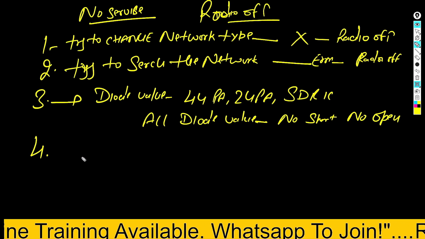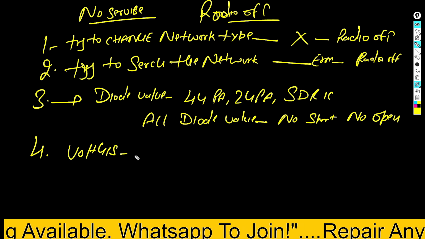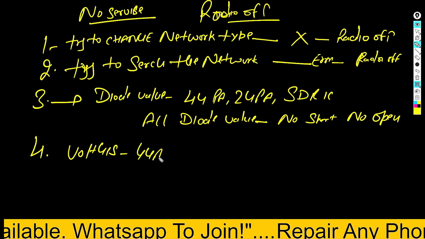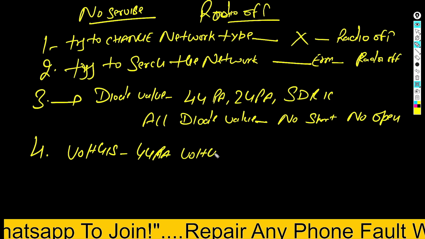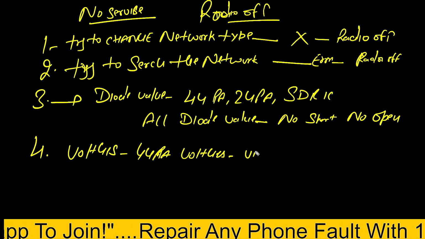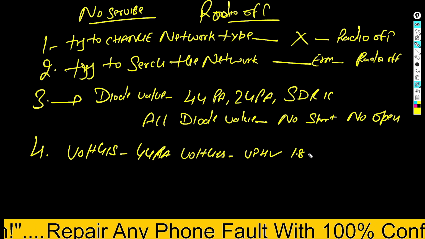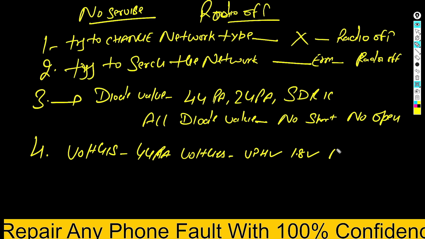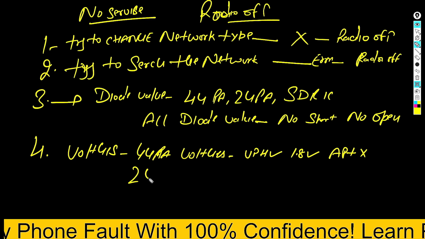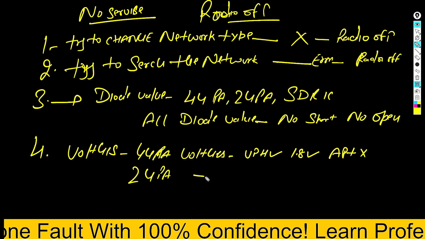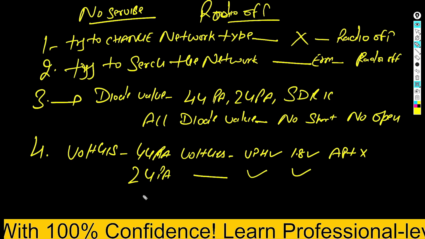After this we check the voltages. 4 GPA voltages, VPH okay, 1.8 okay, APT no. 2 GPA voltages, VPH okay, 1.8 okay, right?